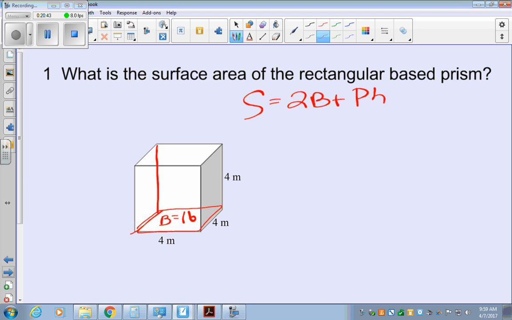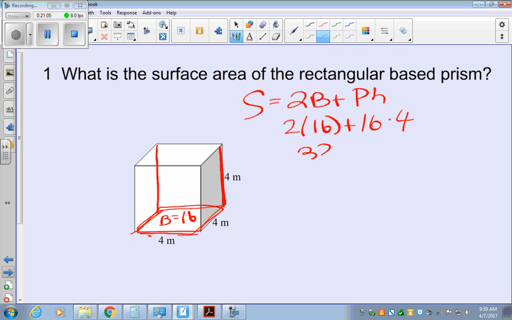It's 4 times 4. The perimeter of our base is 4 plus 4, 8, plus 4 more, 12, plus 4 more, 16. And then the height of our prism is 4.